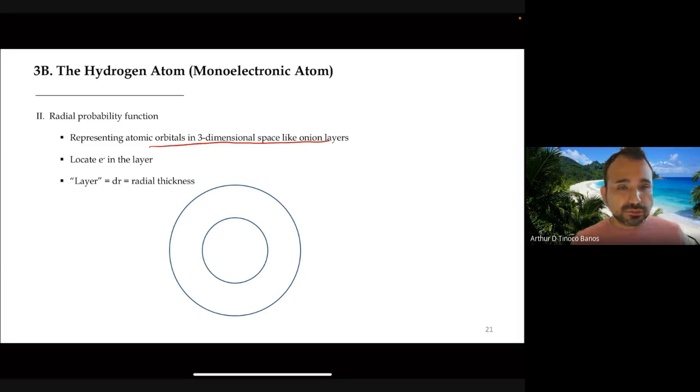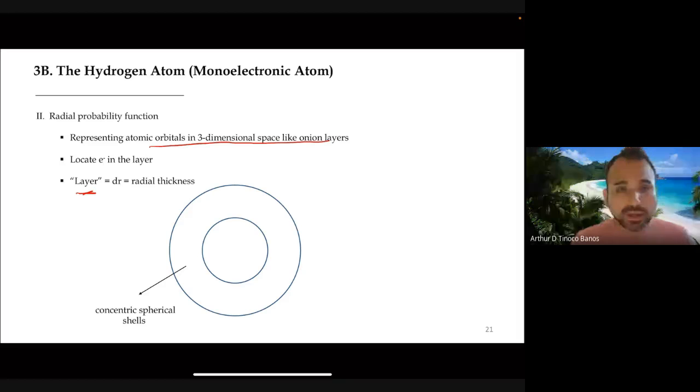So here's a visual where we're focusing on one layer, okay? That's why I have here a layer. What we're looking at here are these concentric spheres. Remember, if you cut into an onion, you have all these little spheres around the center. We're focusing on them as these concentric spheres with a given volume.